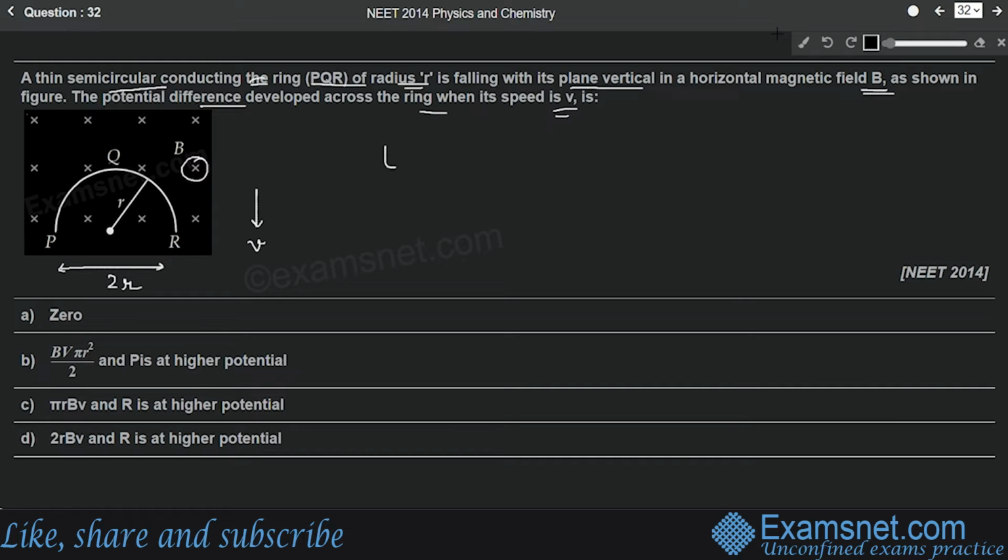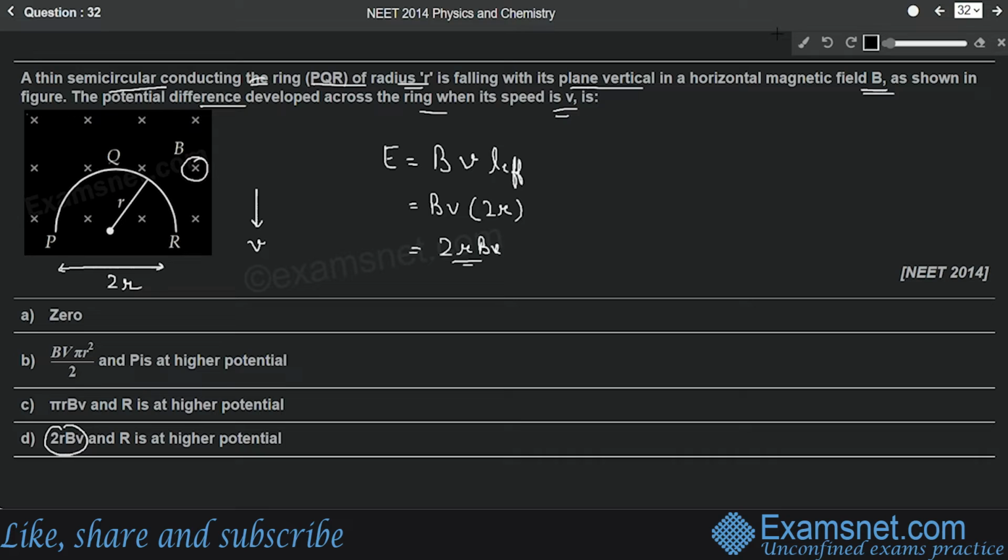So the potential difference or the EMF will be equal to B, that means magnetic field, into V, that is velocity, into the effective length L. We know that the effective length is equal to 2 times the radius, so BV into 2R. So we can write it as 2R BV. Now if you look at the options, only in the last option this value is given, so it is quite obvious that option D is the correct answer.